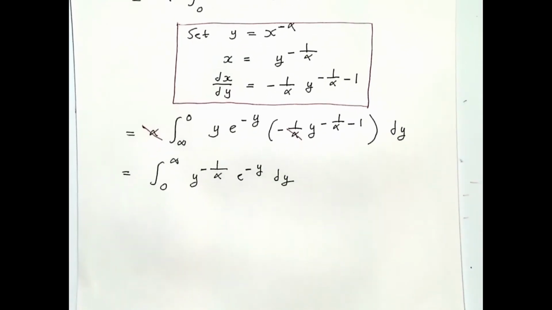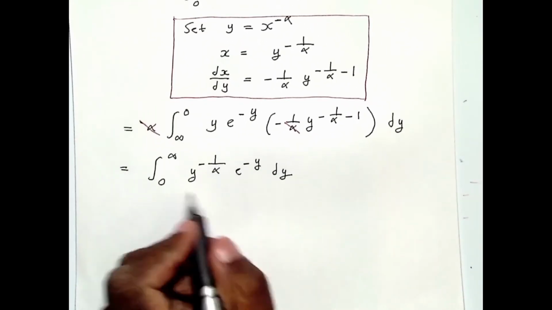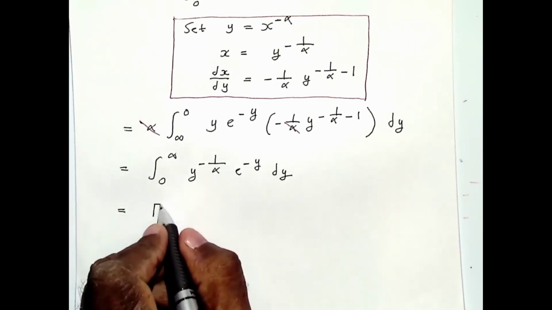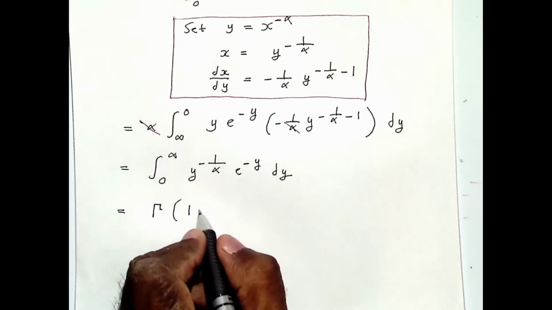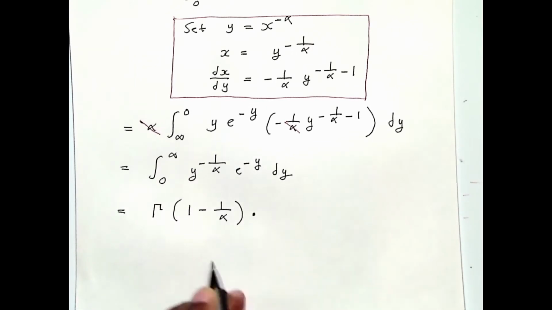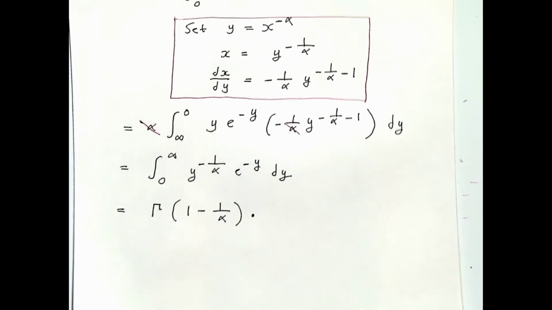And this again is a gamma function. This time it is a gamma function at 1 minus 1 over alpha. So this is the mean of the Frechet distribution, right?